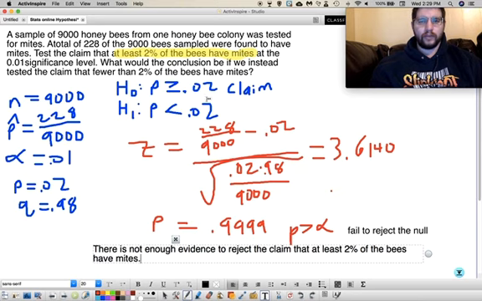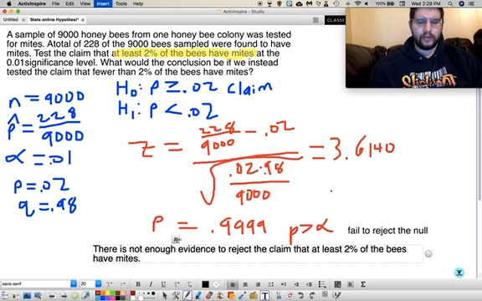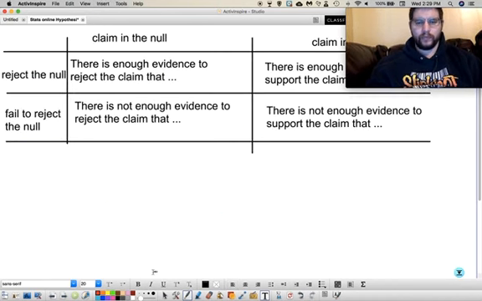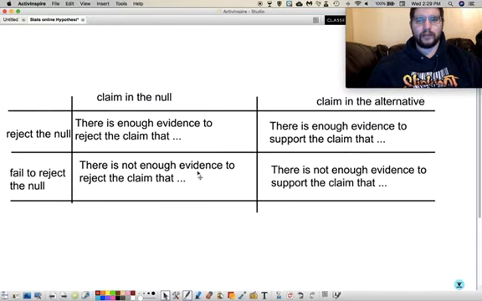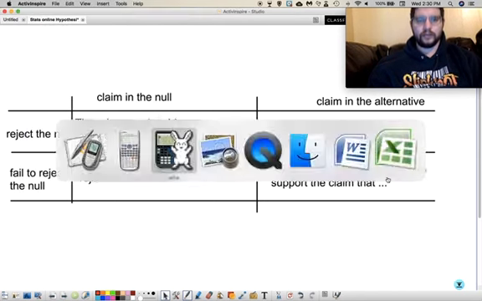So we'd still have P is greater than alpha, fail to reject the null. And if we did that, then we'd have to say there's not enough evidence to support the claim that fewer than 2%.